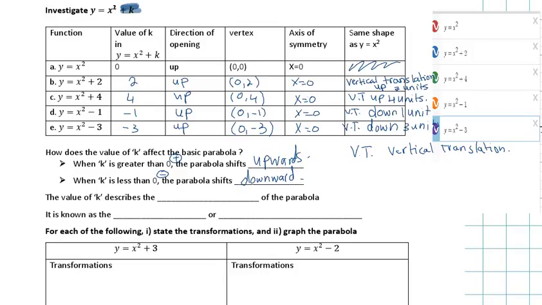The K value describes the optimal value of the parabola. Actually, no, it describes the, I want to say vertical translation.